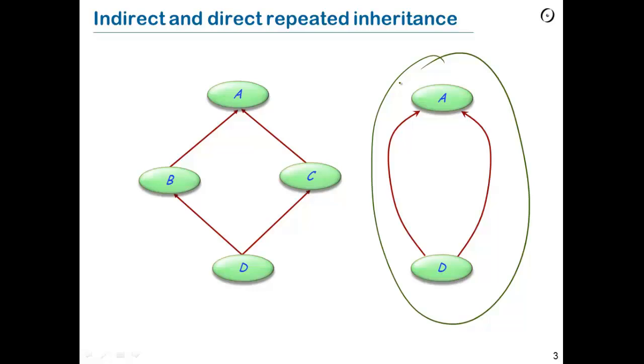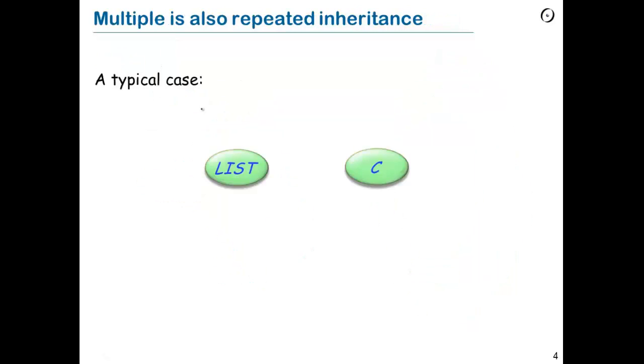In fact, you can have a class D which has a clause inherit A and then another clause inherit A. That's going to give us the picture on the right. You might ask, why would anyone ever do this? Well, there are only a few cases in which it could be useful, but still it's permitted by the language, so we have to know what it means, what the semantics is.